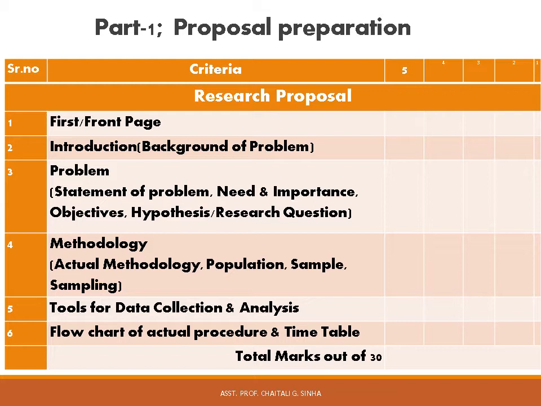So the other way is that you can prepare your own data collection tool. Whether you are preparing a questionnaire, an achievement test, or an attitude scale, you have to write the name of it.